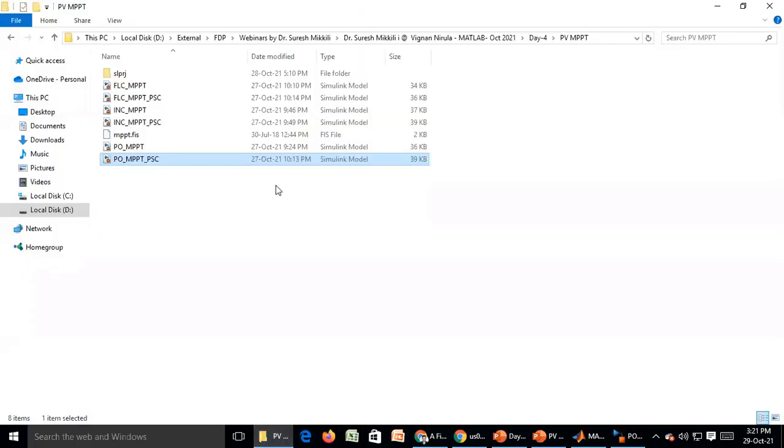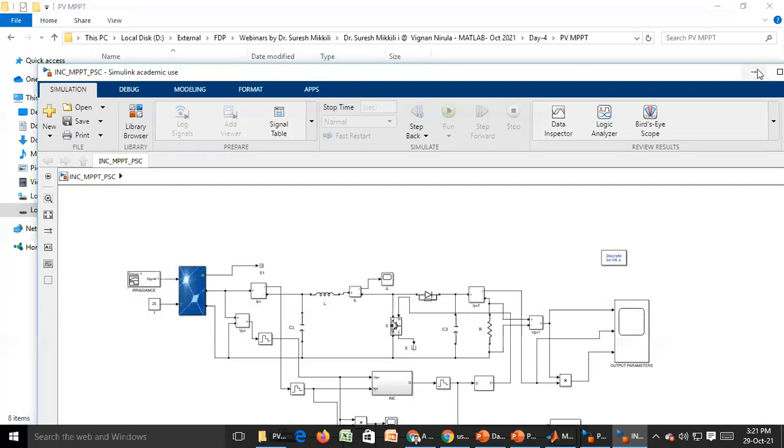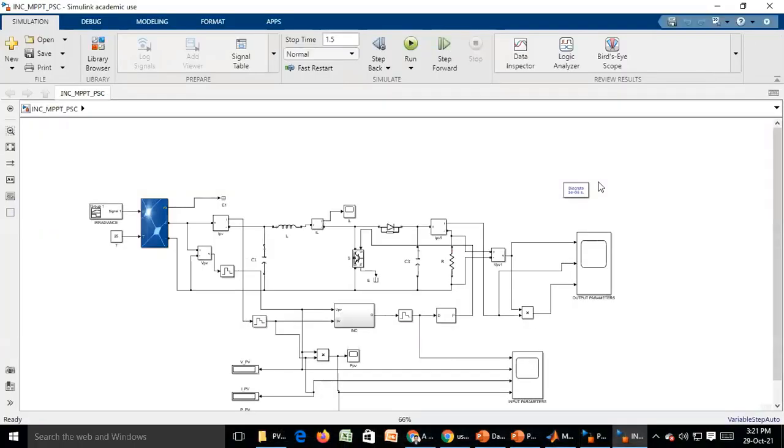Now I will open incremental conductance with the partial shading condition. Uniform we have seen, and the partial shading condition for P&O we have seen.